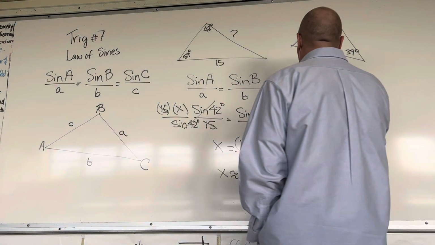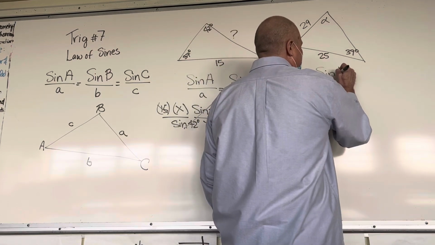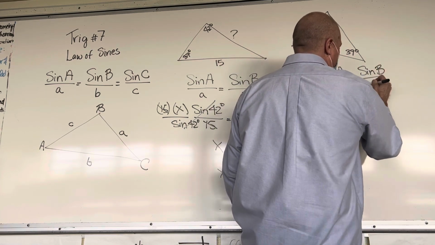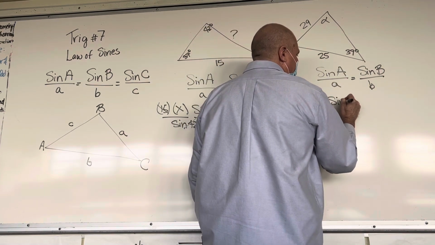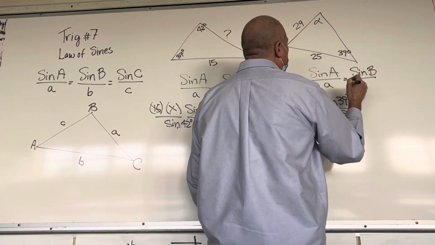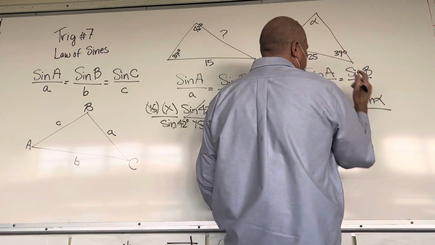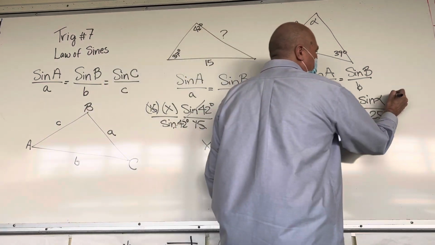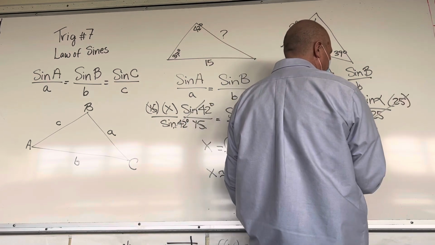All right, ready? Start with the law of sines first. So sine A over a equals sine B over b. Let's fill in sine of 39 degrees over 29 equals sine alpha over 25. Now we need to do some more algebra. We're going to multiply 25 by both sides. It's gone here.